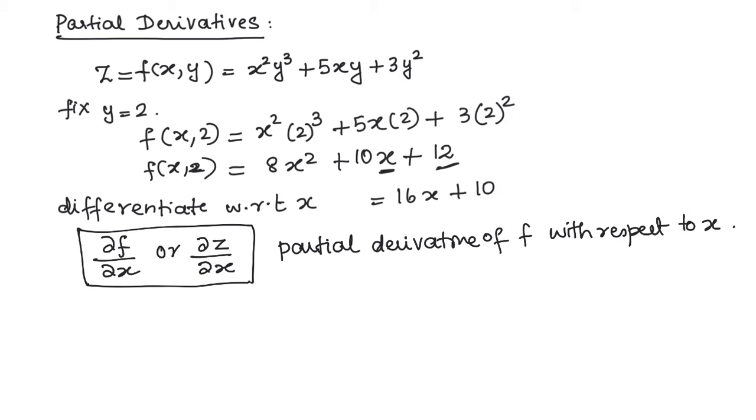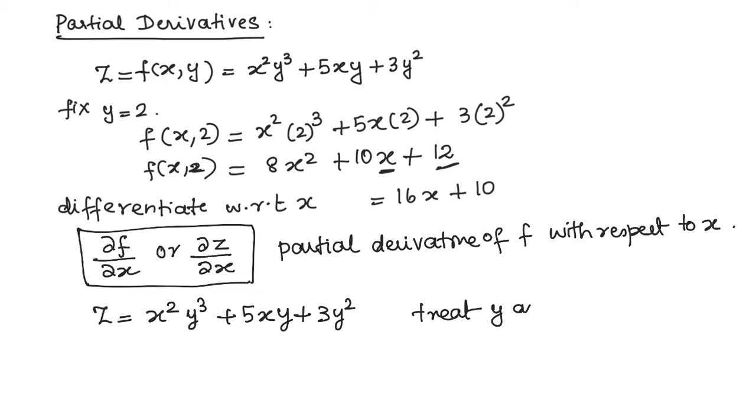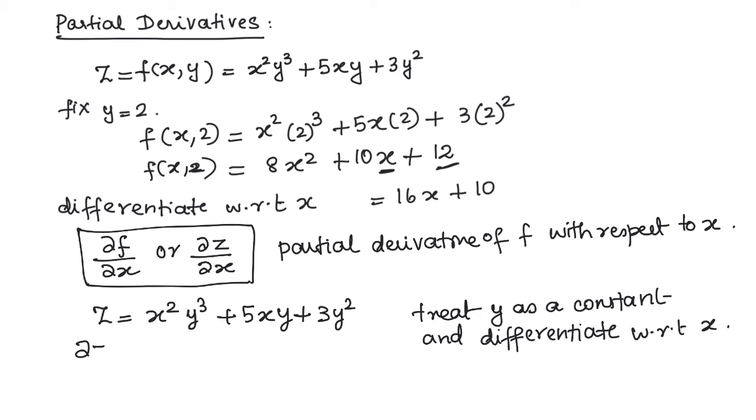So let's go back to the previous question again. We are not replacing this y with a constant, but we are treating y as a constant. So treat y as a constant and differentiate with respect to the variable x. So we can write the partial derivative of z with respect to x is, here y is a constant, so a constant times the derivative of the function.